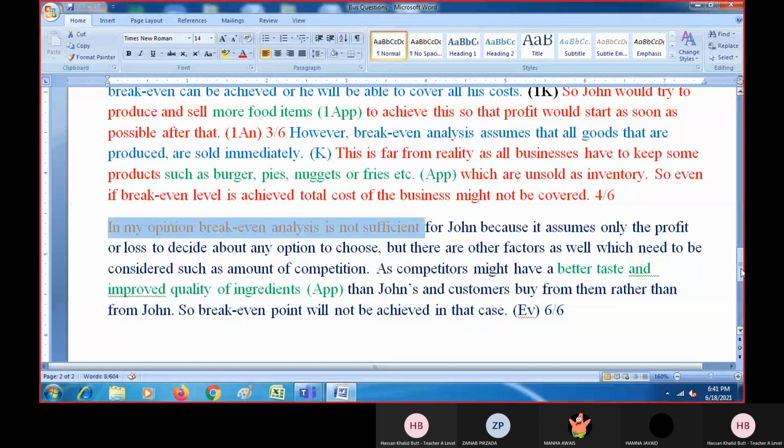It doesn't matter whether you support the statement of the question or you do not, you can still get maximum marks, that is 6 out of 6, right? But I thought that maybe I have more reasons to go against it, that break-even analysis is not sufficient. So that is why I wrote that and gave the reason, because I was able to develop that.